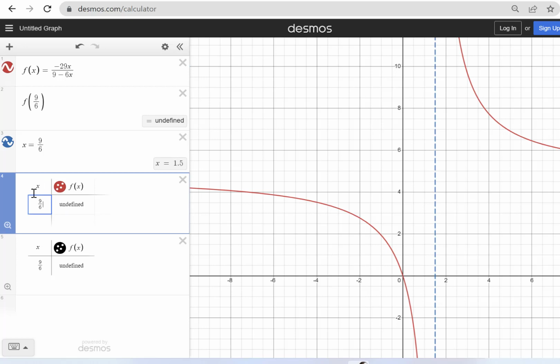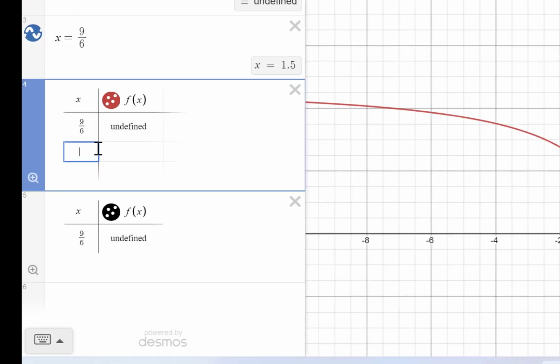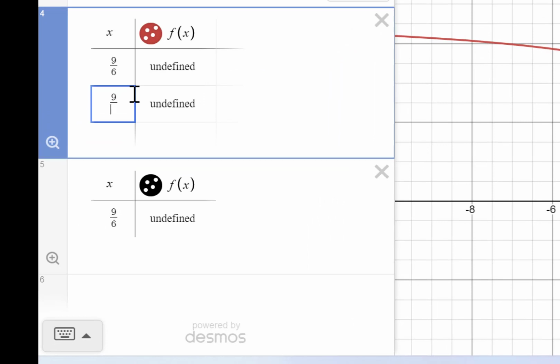So I'm going to first explore the left-hand behavior here in line 4 of Desmos. I created an input-output table where I first just noted when you plug in x is 9/6, the function's undefined. But if I'm looking at left-hand behavior, I could explore x values that are a tiny bit to the left of 9/6.